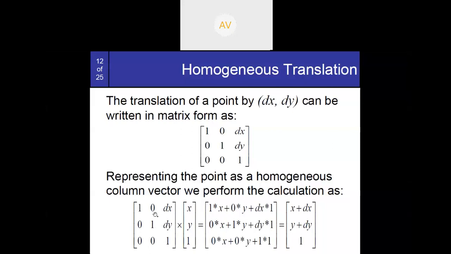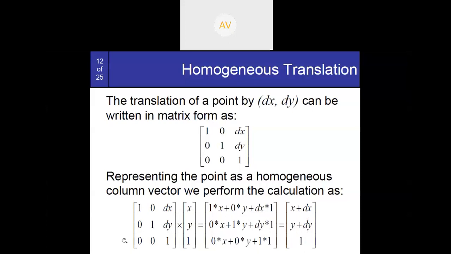So 1 into x plus 0 into y plus dx into 1, so the first row you will get this value, then the second row into this column, this value you will get, and again the third row into this column you will get this value. After solving this we find x plus dx, y plus dy, and 1. So this is how the matrix multiplication you have to do.